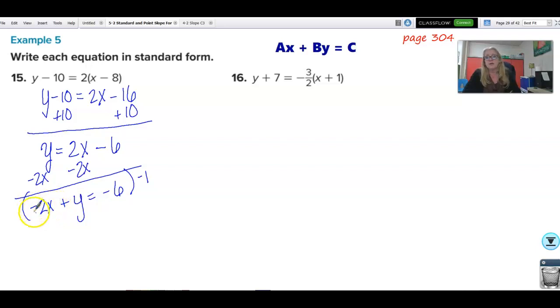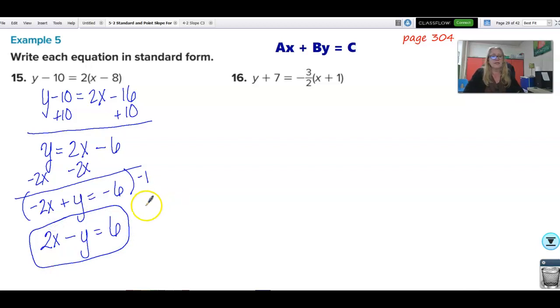All right? Negative 2x times negative 1 is positive 2x. But a positive y times a negative 1 is a negative y. And a negative 6 times a negative 1 is a positive 6. And here you have your equation written in standard form. Legit standard form. All right, on to number 16.